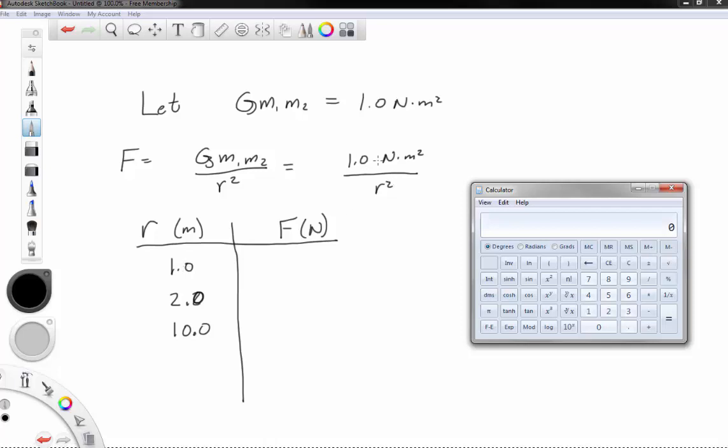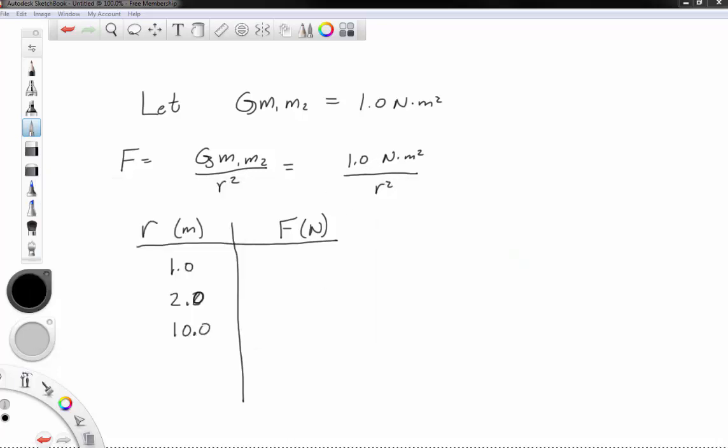We would have 1 divided by 1 squared. So that, of course, is 1. For the second one, we would have 1 divided by 2 squared. So 1.0 newton meters squared divided by 2.0 meters squared.